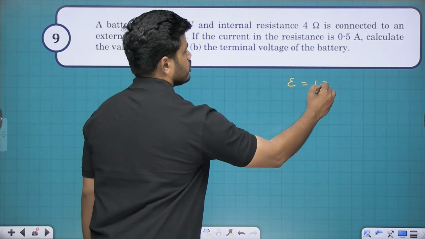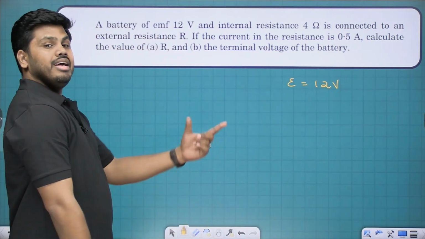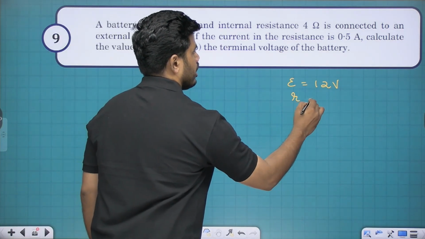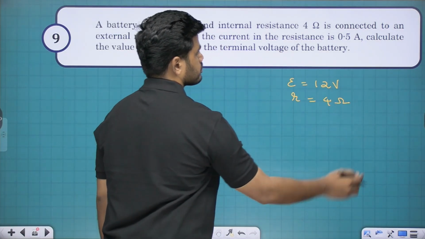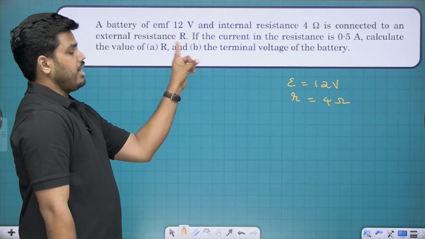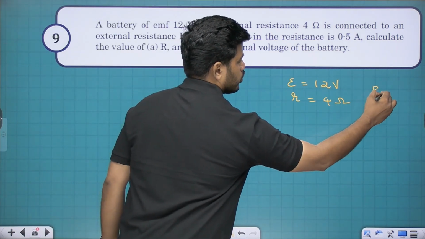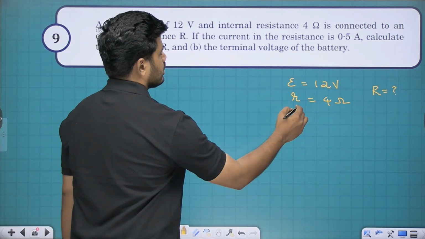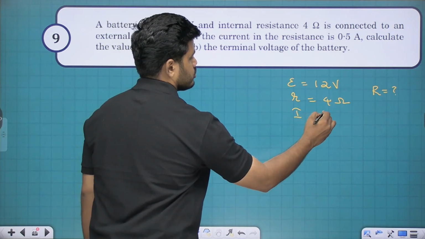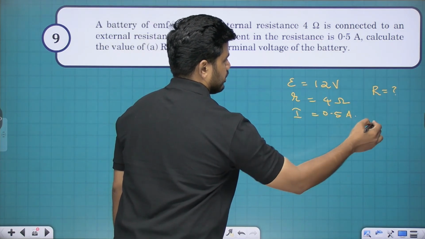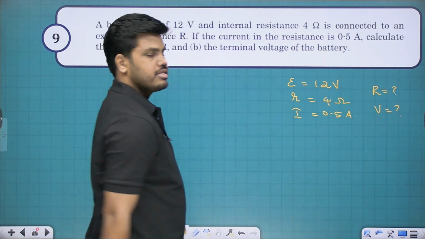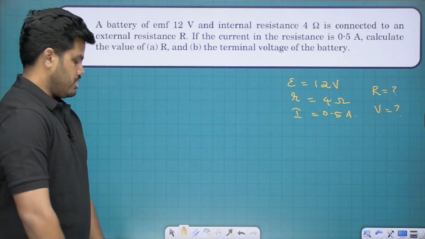E is 12 volt, internal resistance r is 4 ohm, external resistance R is unknown, and current is 0.5 ampere.